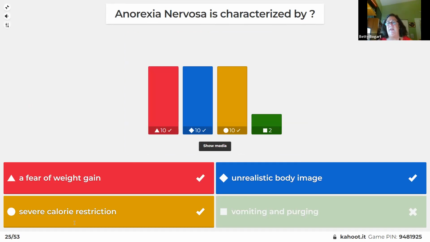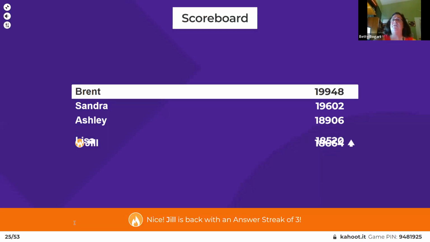Anorexia nervosa is when you're afraid to put food in your mouth, you feel like you are fat even though you're skinny, and you also will overexercise. Fear of weight gain, unrealistic body image, and severe caloric restriction. Now, vomiting and purging is not anorexia nervosa. Let me do the next question and then I'll go into some more.